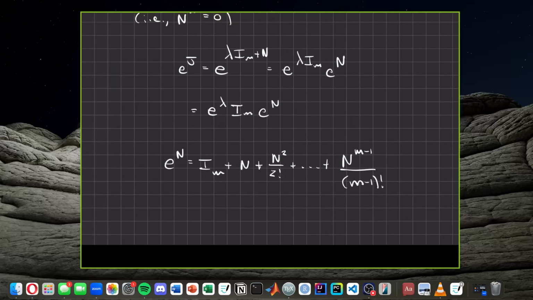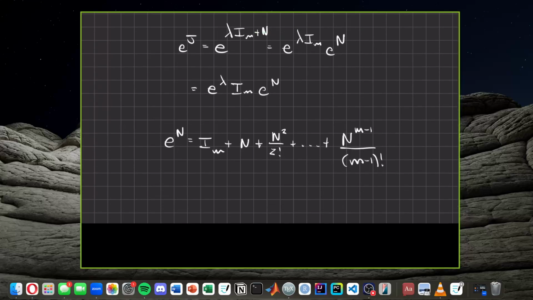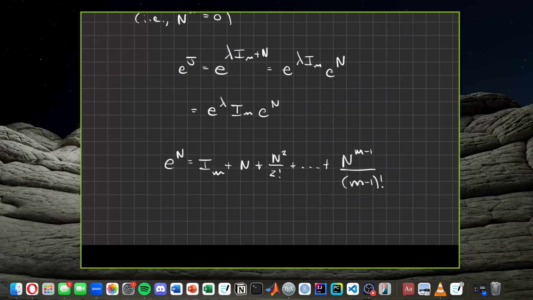Great. Now, n is strictly upper triangular, and this is a reason we love upper triangular matrices. The product of two upper triangular matrices is itself an upper triangular matrix. This could again be something you might want to prove on your own, but we are just going to leverage this fact. Since n is strictly upper triangular, e to the n is upper triangular with all the diagonal entries just being 1.